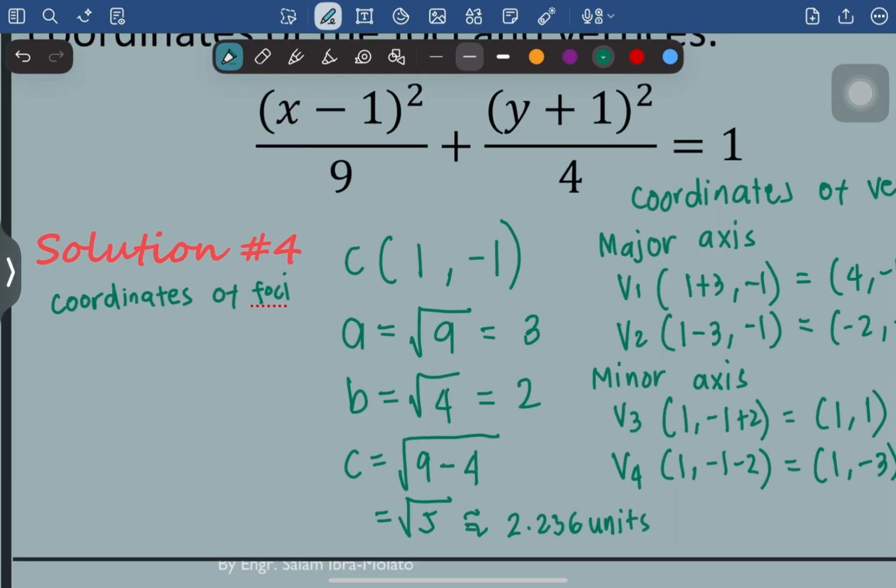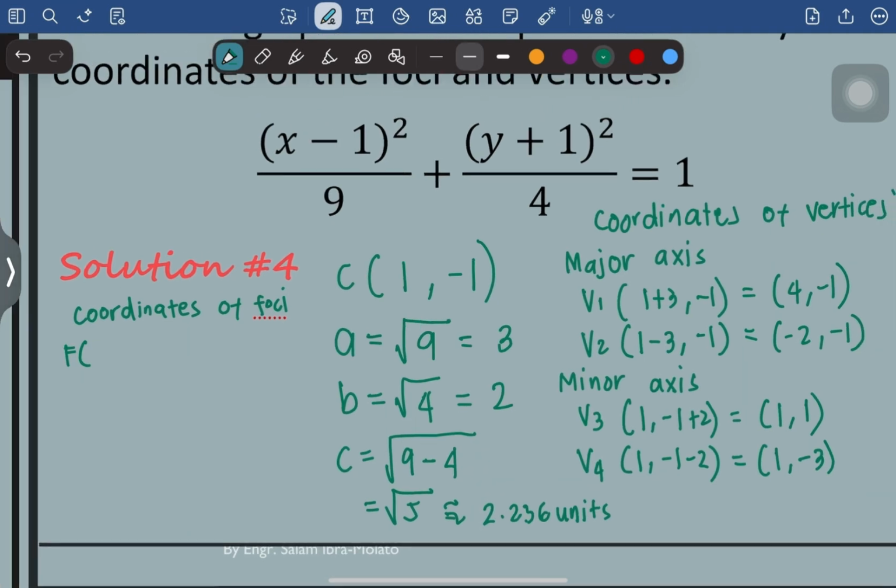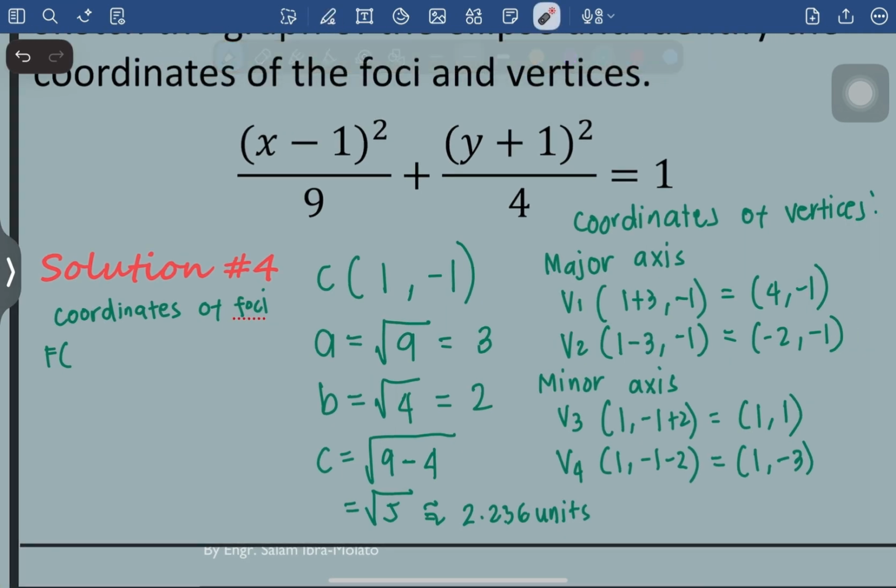Then for the coordinates of the foci, for F, we are going to add the square root of 5 to the x coordinate of the center, since it is parallel to the x-axis.